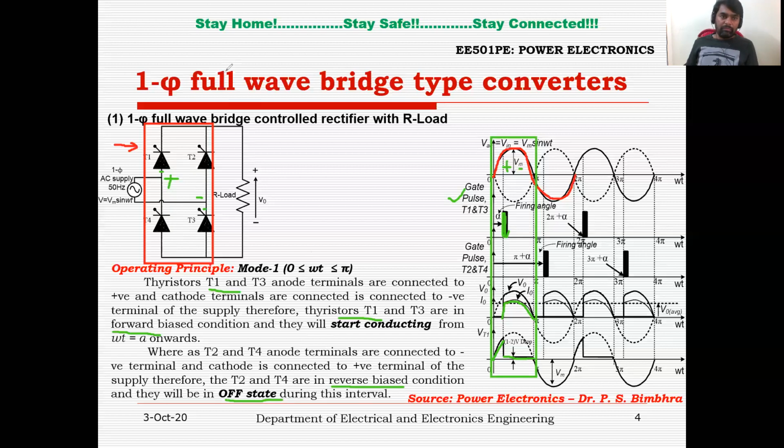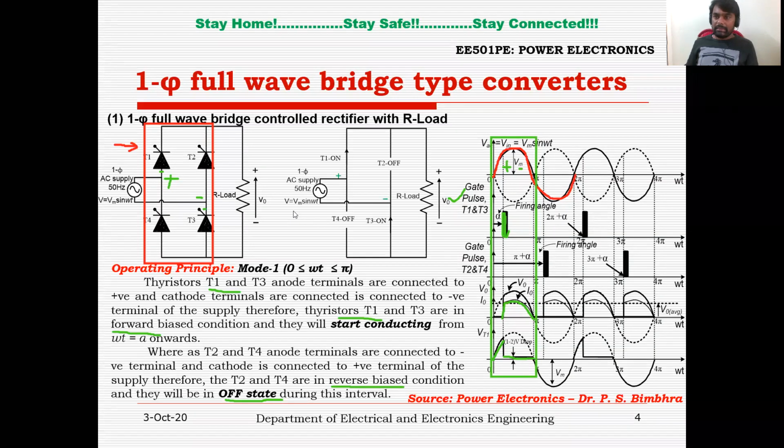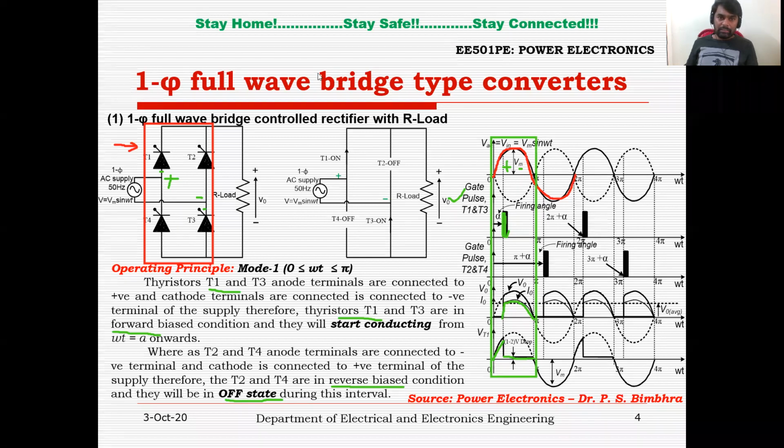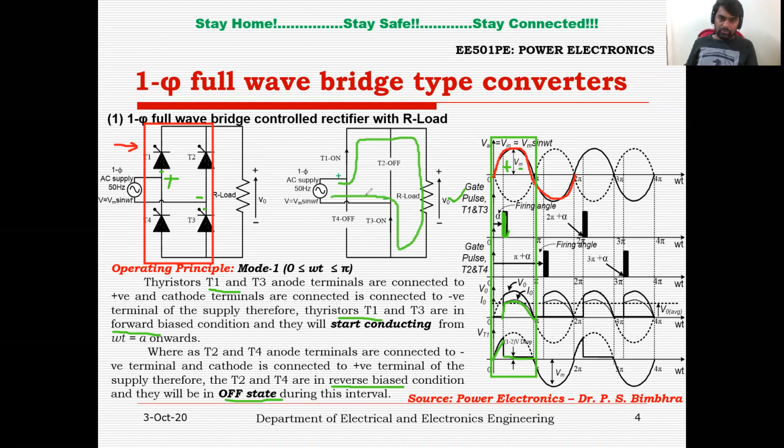Now, if I trigger T1 and T3 at the same time, this will be the circuit configuration. Current always leaves from the positive terminal of the source, through T1 anode, T1 cathode, then T3 anode, T3 cathode, and back to the source like this.